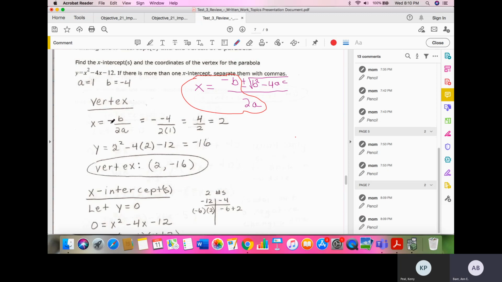To find the vertex, it's x equals negative b over 2a, which is precisely what we have here. So we want to find the vertex of the parabola, the turning point. Our parabola either opens down or up, so we want to find our vertex here or down here.